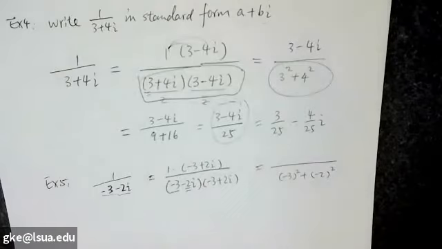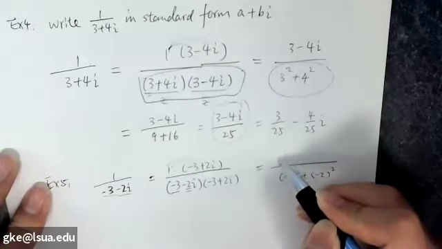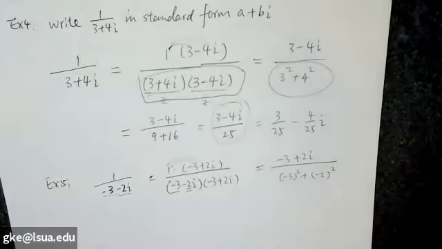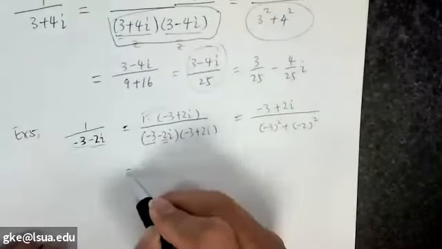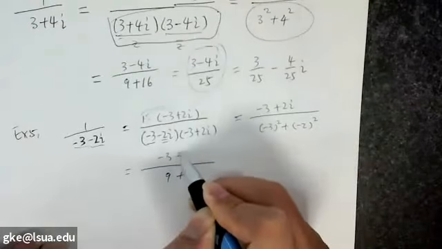Very straightforward, as long as you understand the formula. And for the numerator, it should be itself, right? Times 1. And then we can simplify it. 9 plus 4, negative 3 plus 2i.